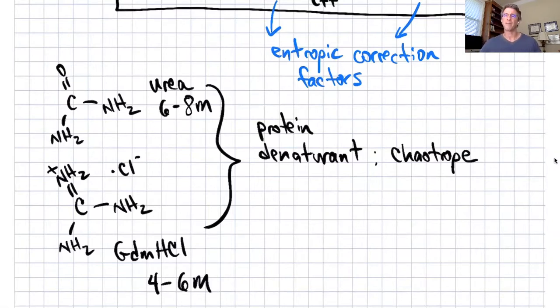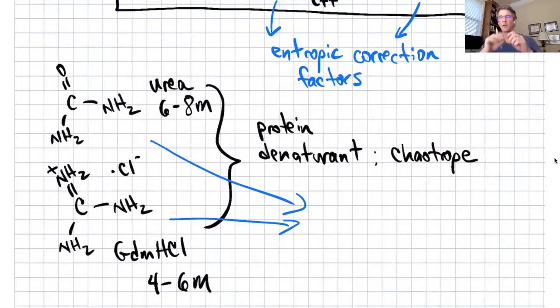Well, as techniques got more and more powerful in the last 10 or 15 years or so, what people have been able to do is to go in and look in detail at what's going on for a protein that's been put into these solutions. And the amazing thing is that in many cases, the protein is not completely random coil. It's not just a completely stretched out piece of polypeptide.